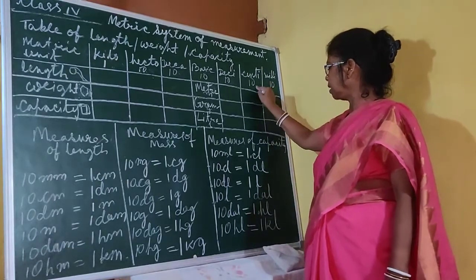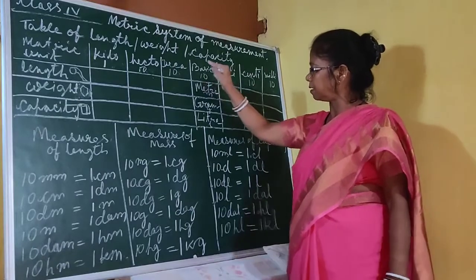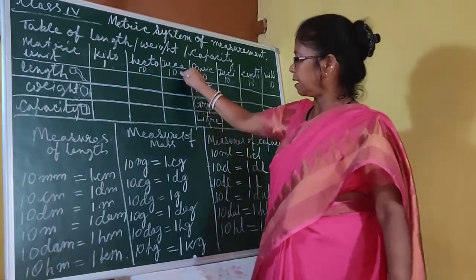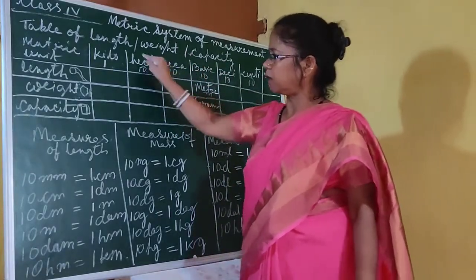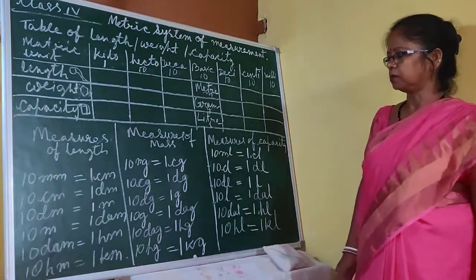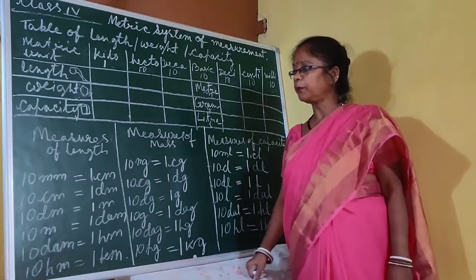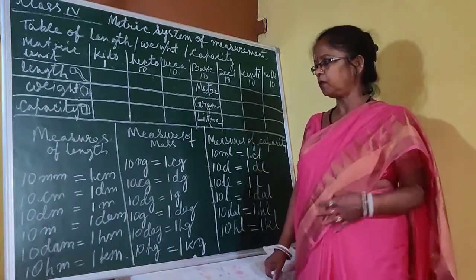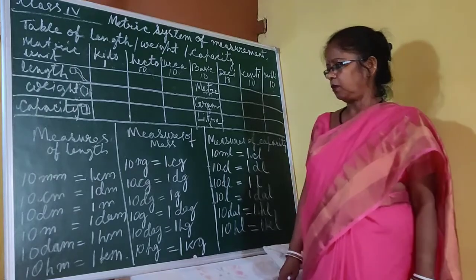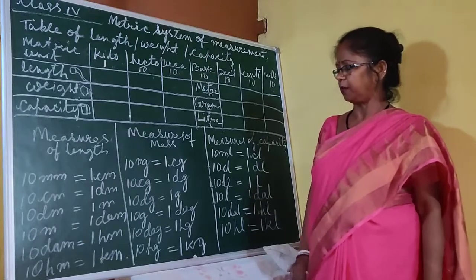10 milliliter, 1 centiliter; 10 centiliter, 1 deciliter; 10 deciliter, 1 liter; 10 liter, 1 decaliter; 10 decaliter, 1 hectoliter; 10 hectoliter, 1 kiloliter. So this is the table. Using this table, you convert lower unit to higher unit and higher unit to lower unit.